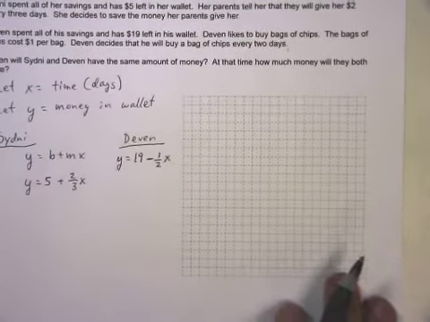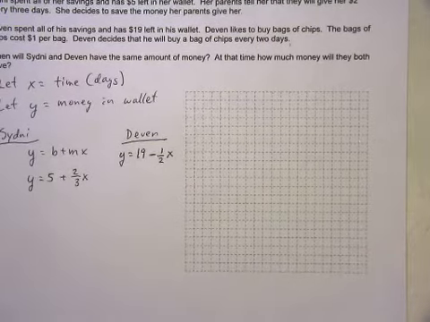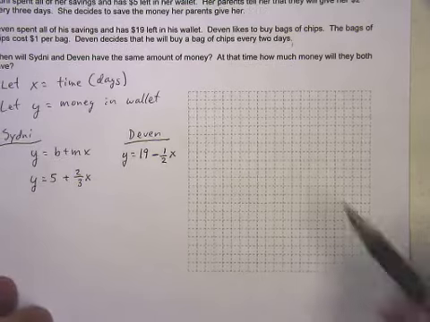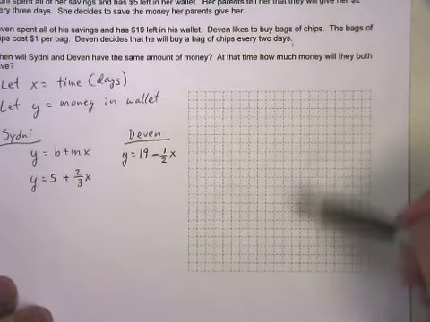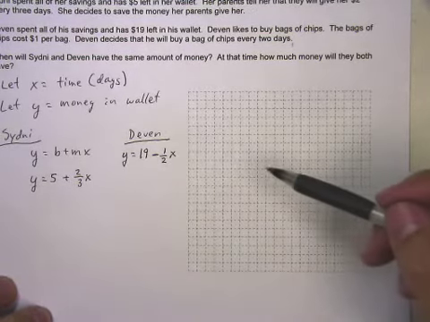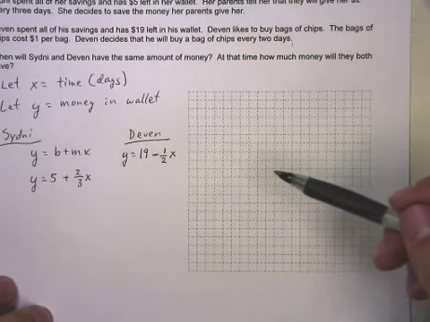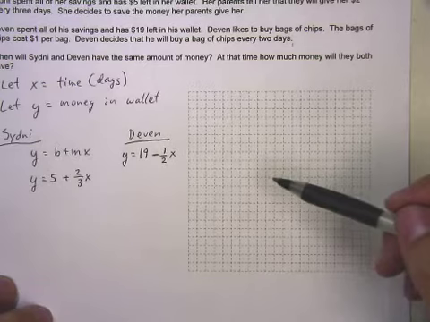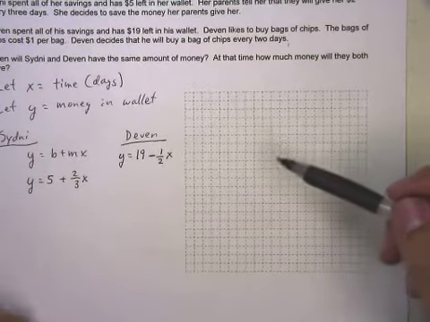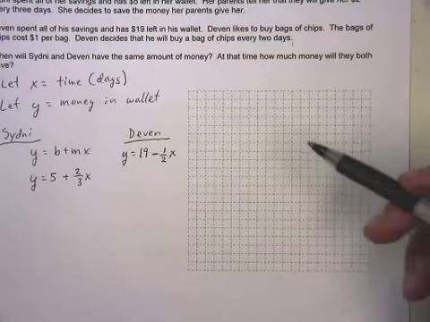Okay, all right. To set up our graph here, normally you put your x and y axes in the middle. But for this one, because I'm only going to be dealing with positive values, only positive money and only positive days that pass, we don't really need to put our x and y in the middle.